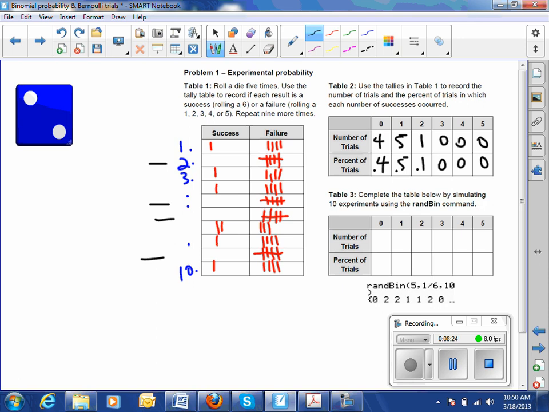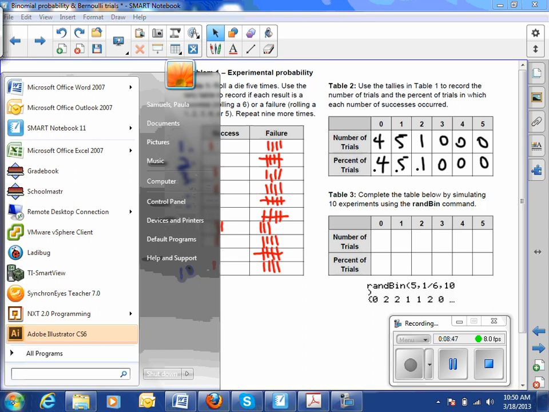So next thing we're going to do is let the calculator do a simulation for us, and that actually goes quite a bit faster than if we're doing it just rolling one at a time. So there's a calculator command here that will do it, and it's a random binary command.